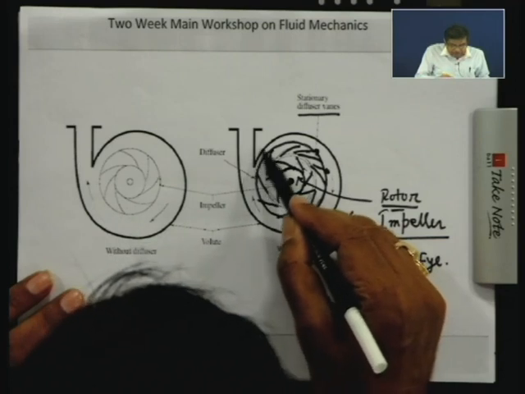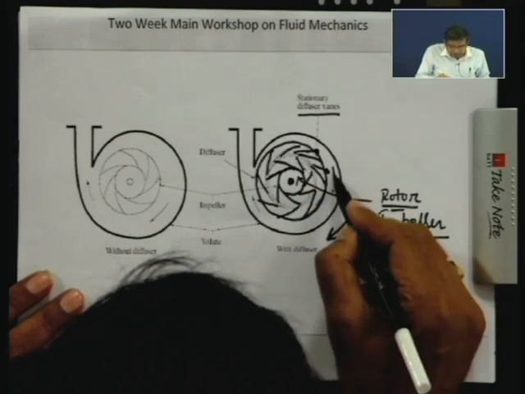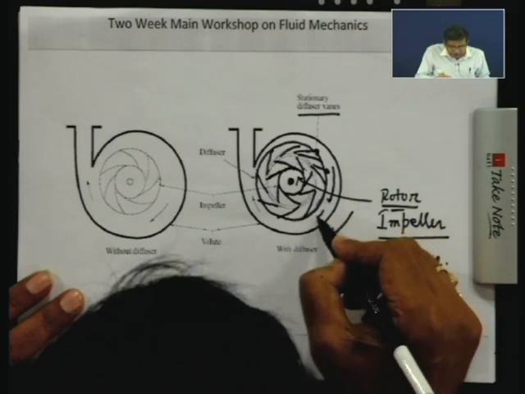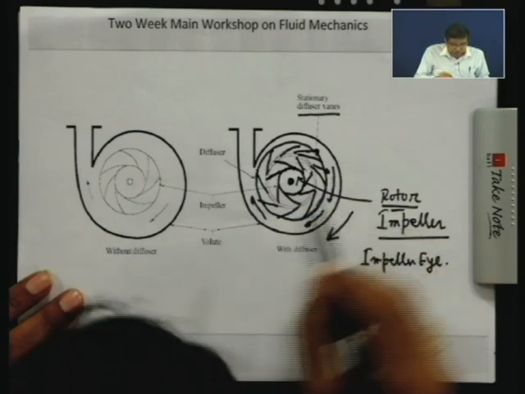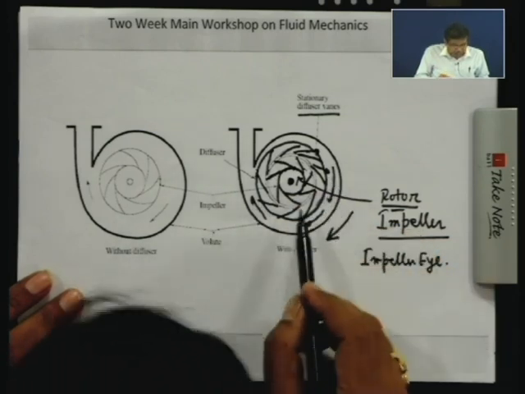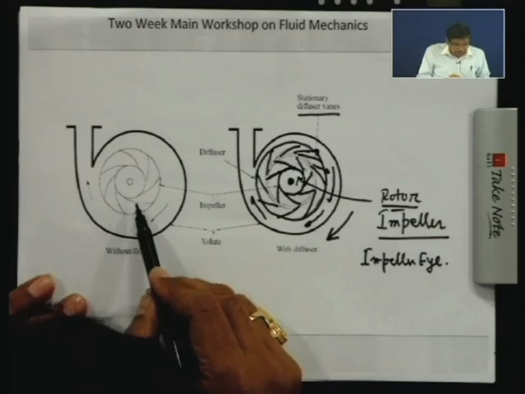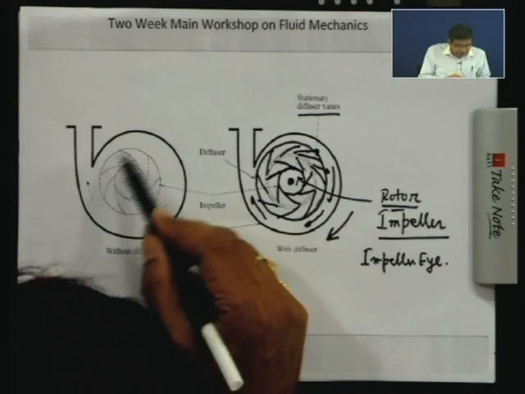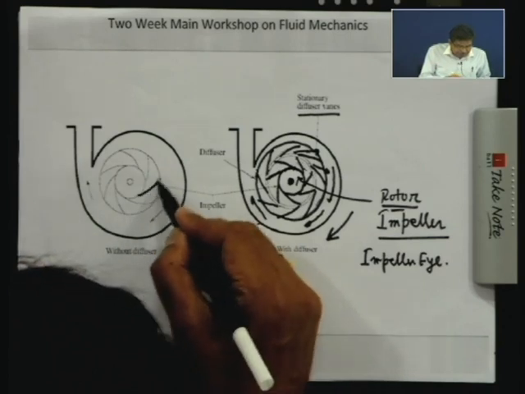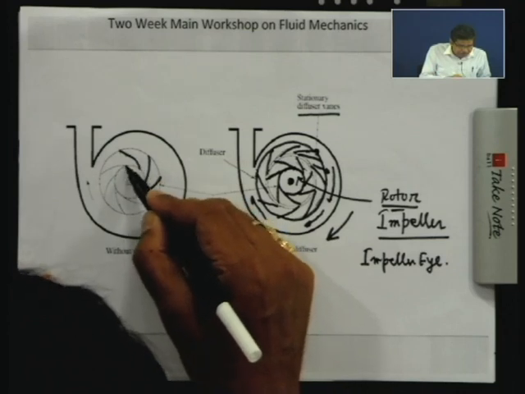Then it is surrounded by a spiral casing, which gives an increase in flow area in the direction of the flow, and this is known as the volute casing. In some pumps of smaller capacity, this is the impeller, these are the rotating blades or vanes, and this is the disc.